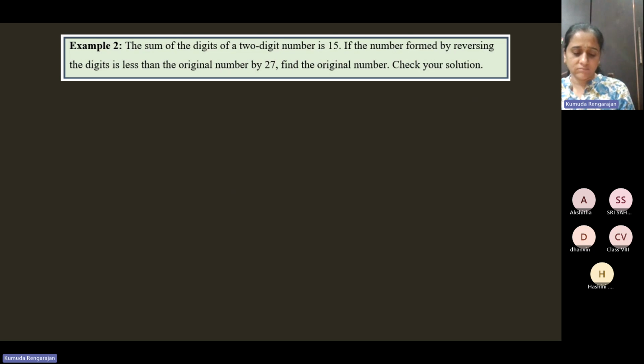The number is equal to x minus 27. x plus x minus 27 equal to 1.